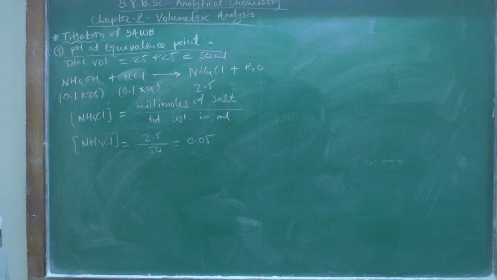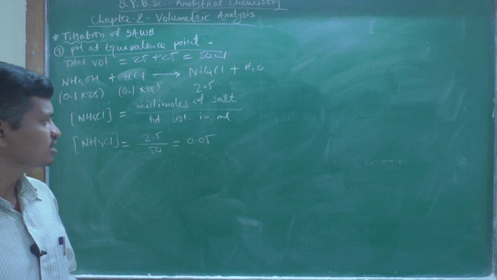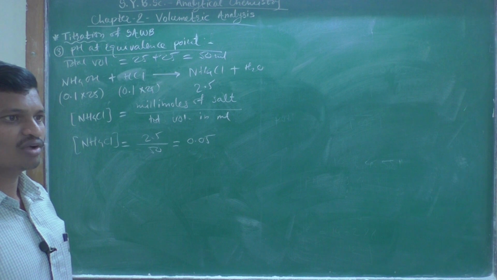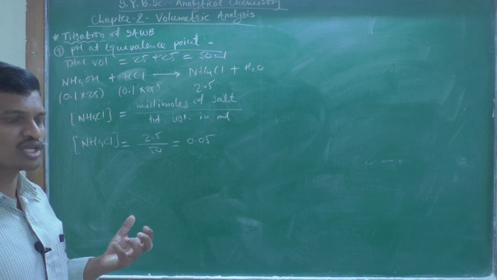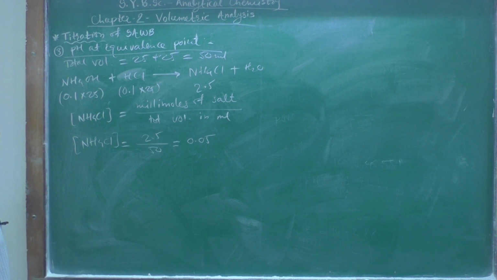Now, as the salt is formed in the conical flask and our medium is aqueous, we have to consider the hydrolysis of this salt. Hydrolysis means nothing but reaction with water.